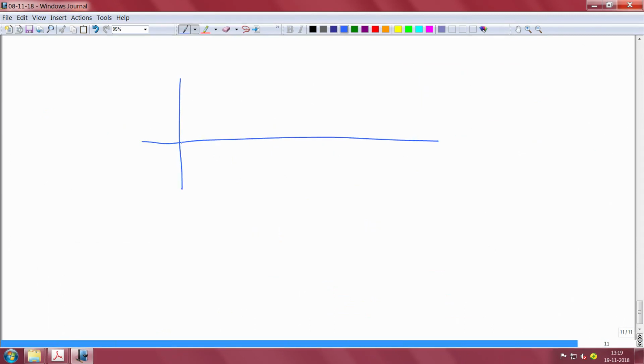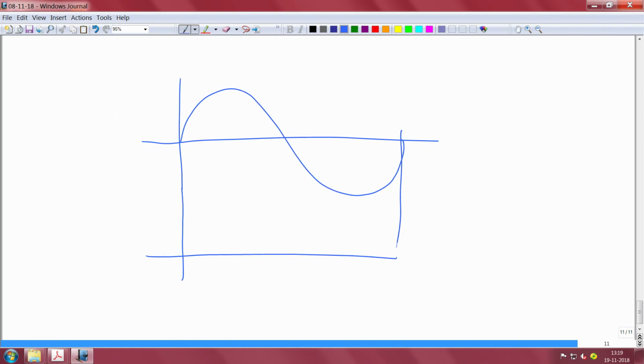If you take a sine wave like this, what should this be? This should be lambda, and this is nothing but 2 pi. So, it is not hard for you to imagine that this is indeed lambda.